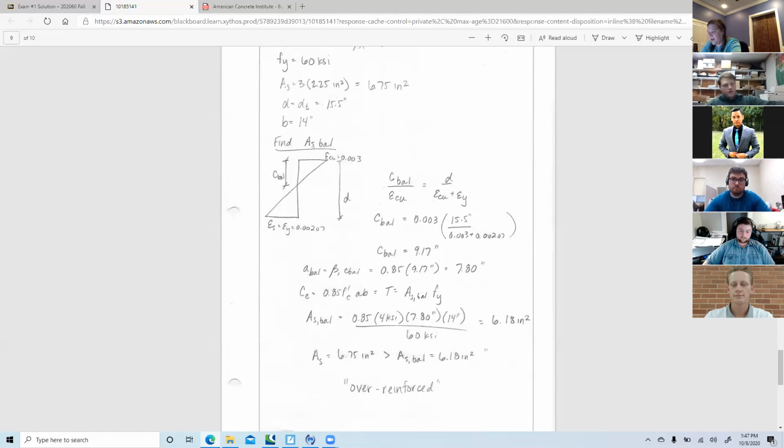So if you calculate the area, you figure out that it's over reinforced. Now that should have been your first clue that the steel wasn't going to yield. If it's over reinforced, that means your steel isn't yielding.